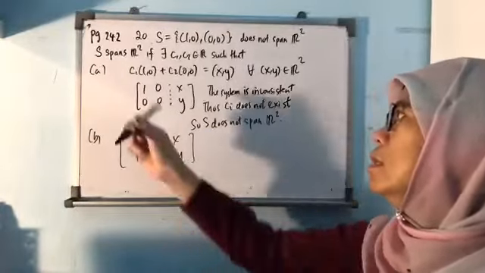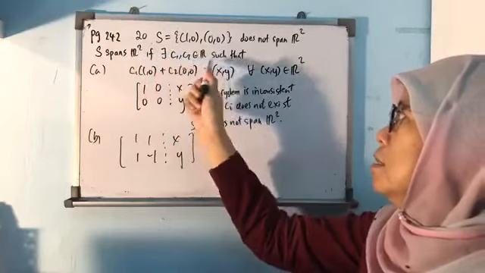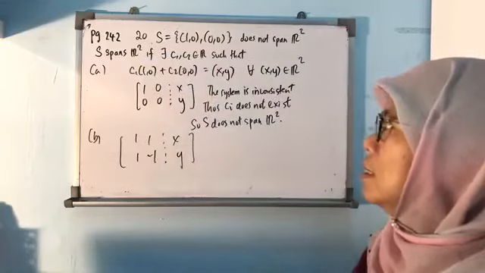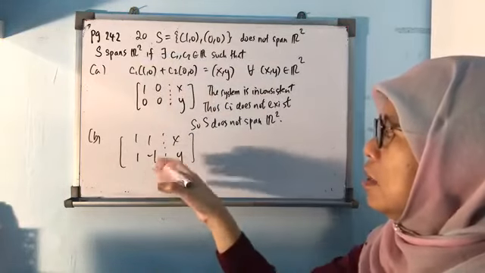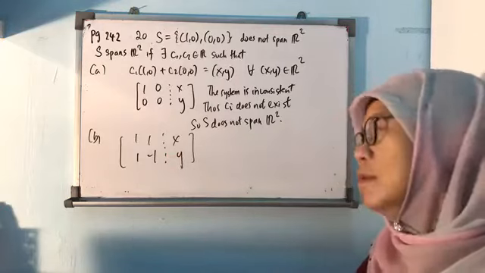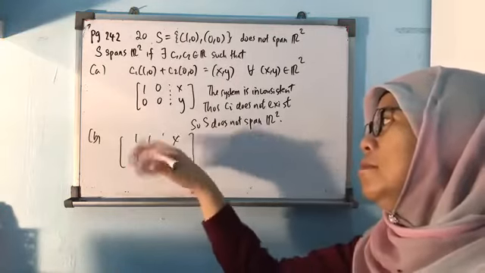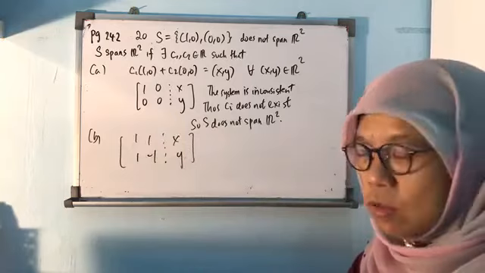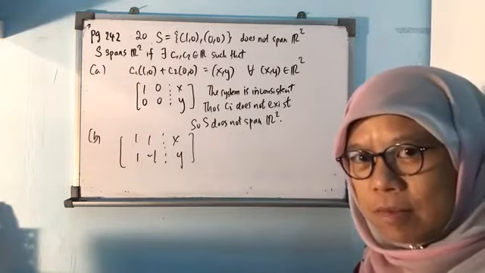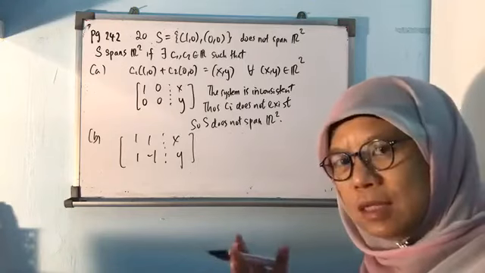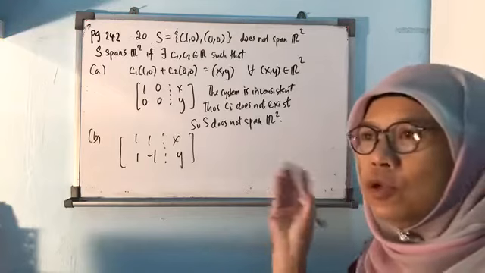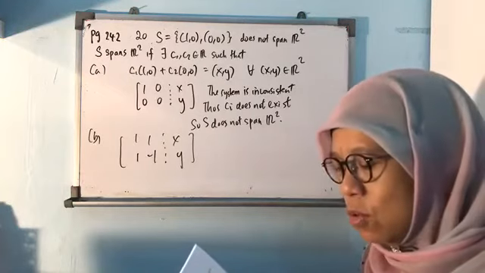So you have to write S spans R2 if C1 (1,1), C2 (1,-1) equals (x,y), and you can mention that this system is consistent. Because the determinant is not 0, it's -2, C1, C2 exist, so it spans. These are the wordings that you have to write. Don't just jump to determinant is not 0, span. No, you have to know why.